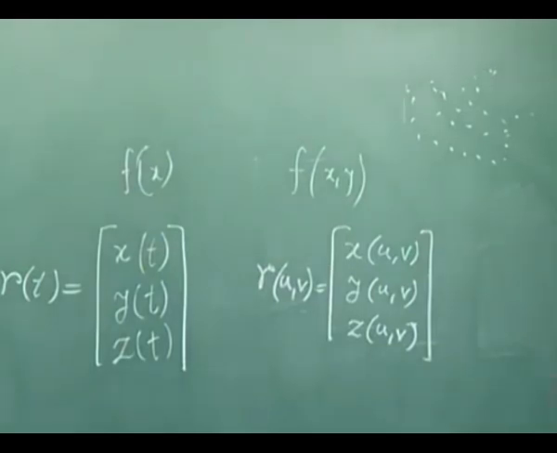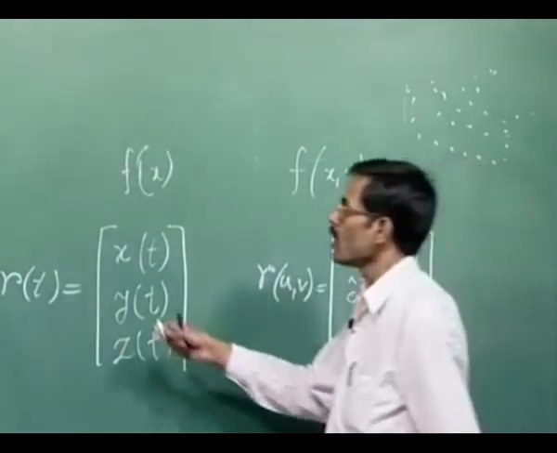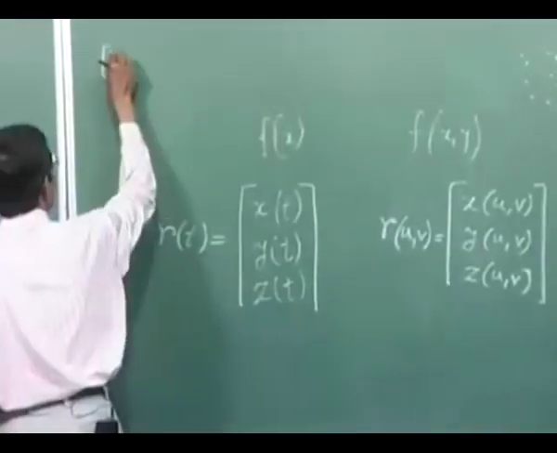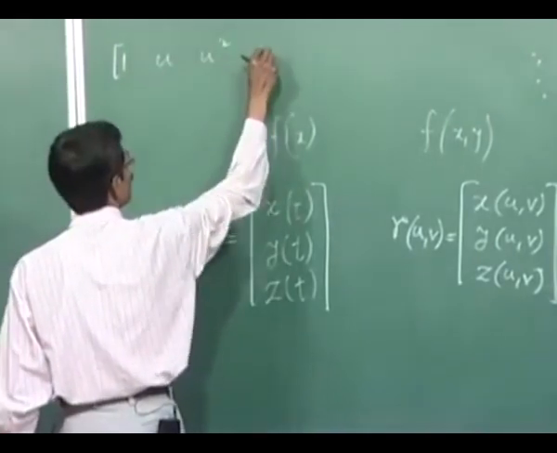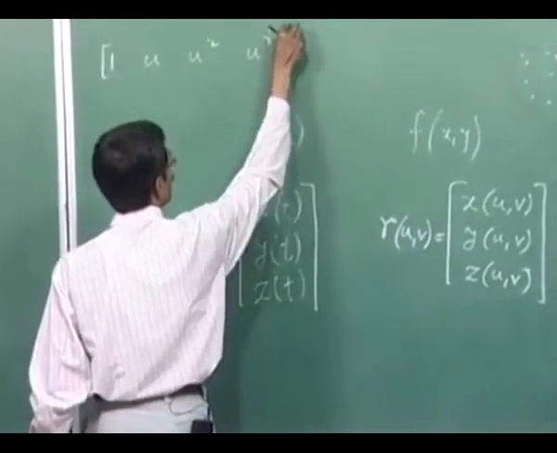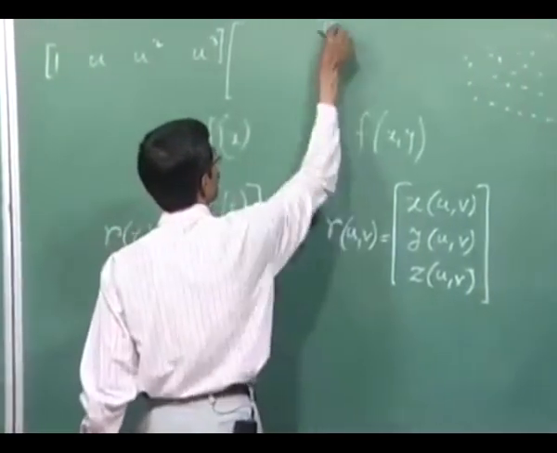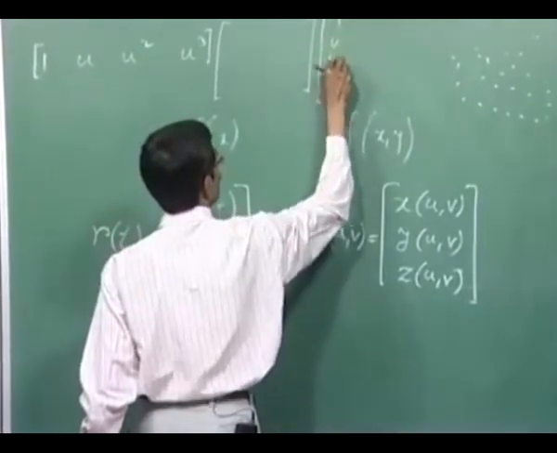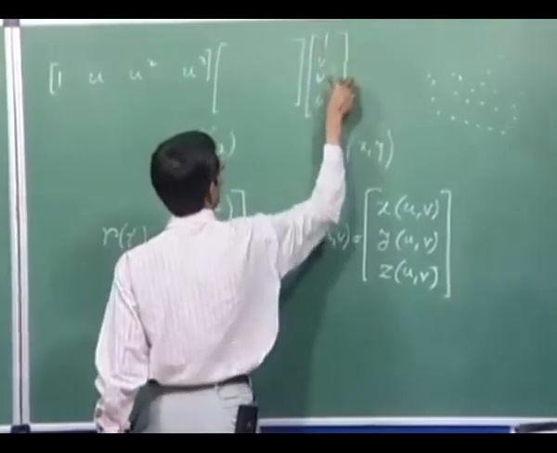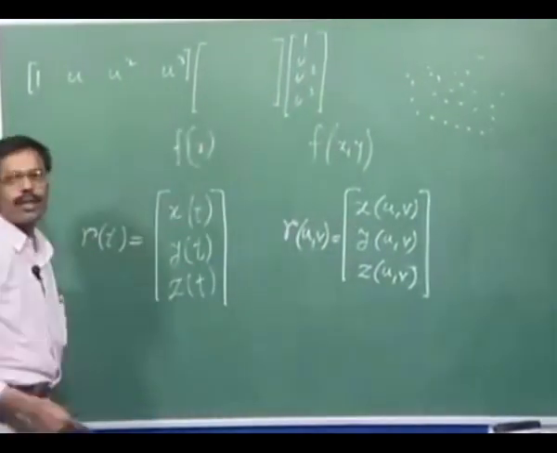That means you have a four by four matrix like this. So, this will give you a bicubic expression.